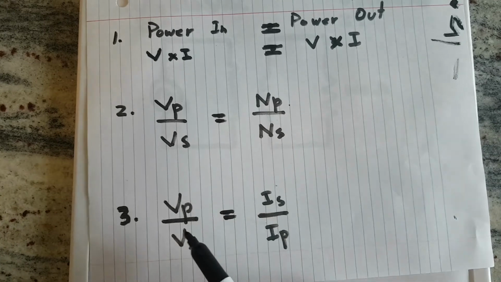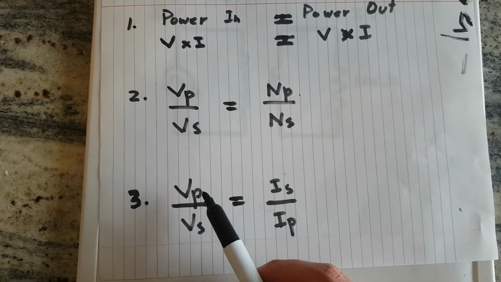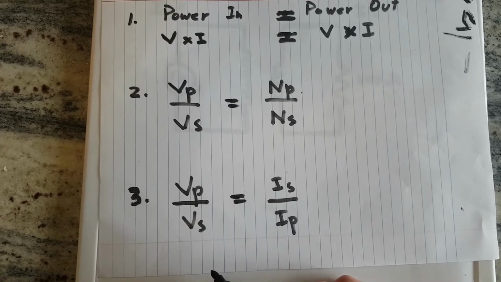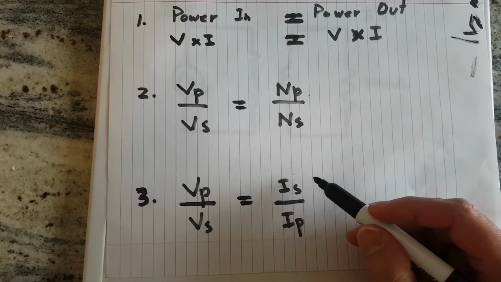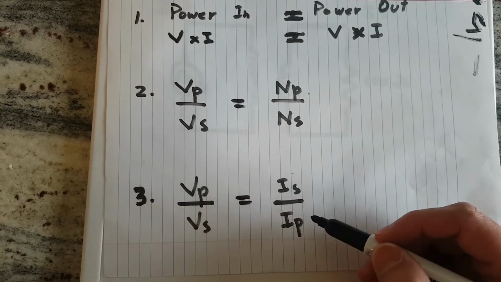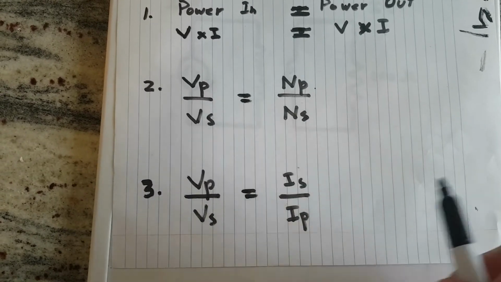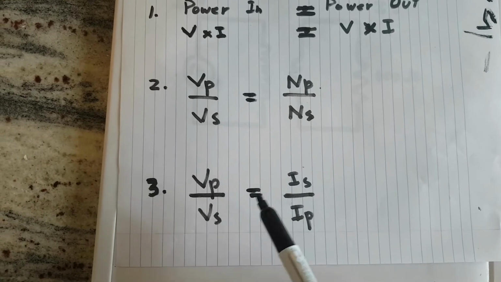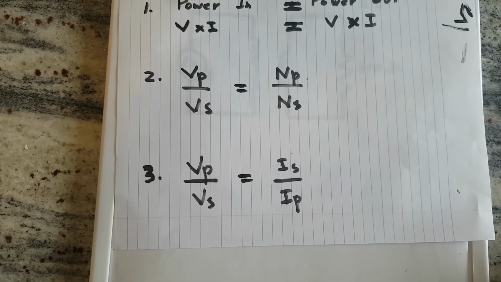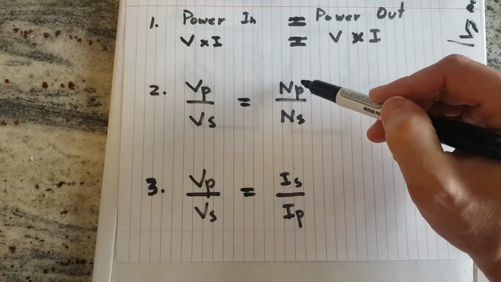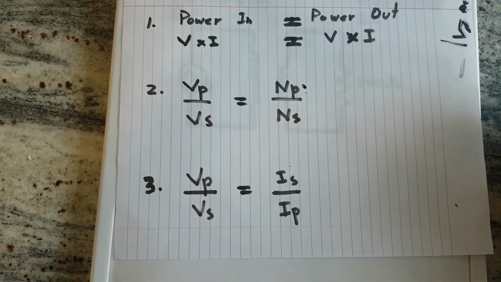And the third formula I'm going to use is that the voltage in the primary divided by the voltage in the secondary winding will be equal to the current in the secondary winding divided by the current in the primary winding. We can tell here that this relationship is not directly proportional, as in the second formula.